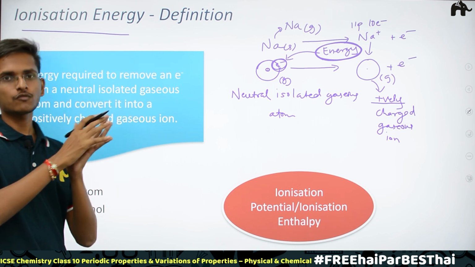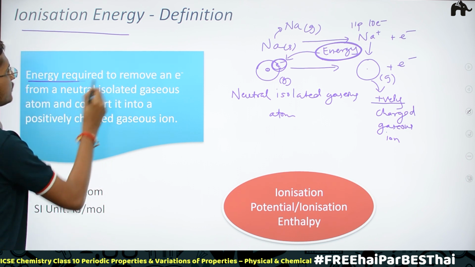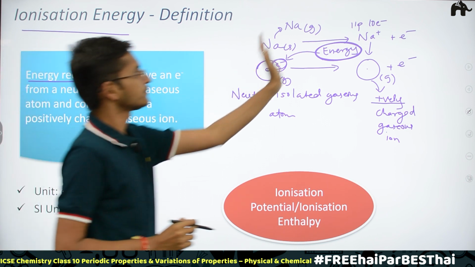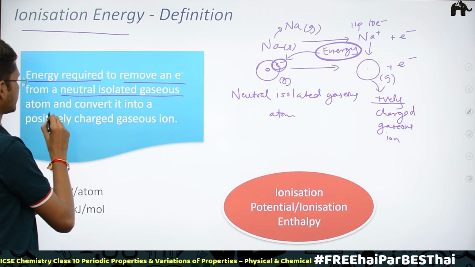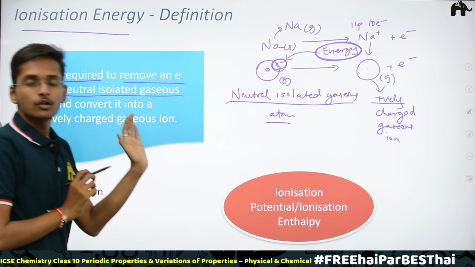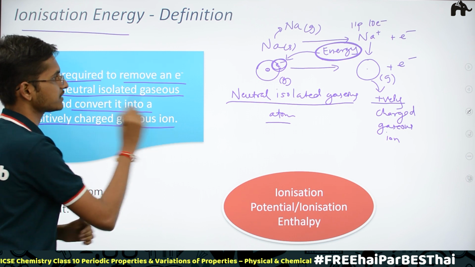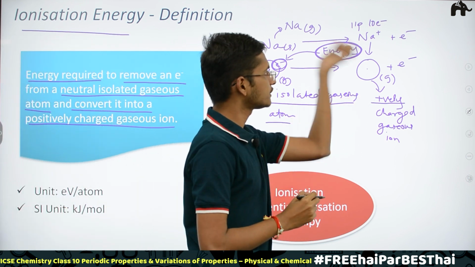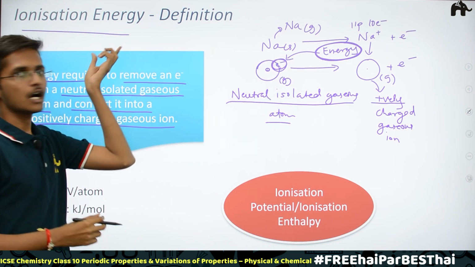It exactly matches with what I said. The energy required to remove the electron from a neutral isolated gaseous atom to convert it into a positively charged gaseous ion is called ionization energy.